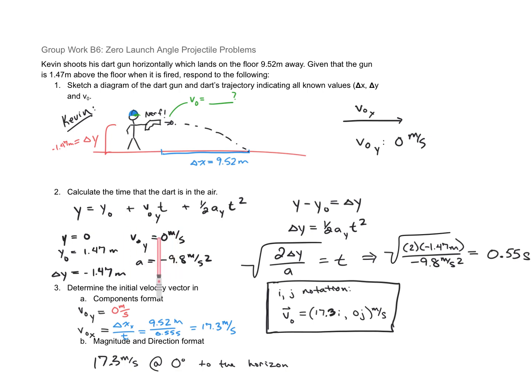We already mentioned that the velocity in the y is 0, and the acceleration in the y is negative 9.8 meters per second squared. That's always going to be the acceleration of gravity, and we usually set our coordinate system so that gravity goes straight down.